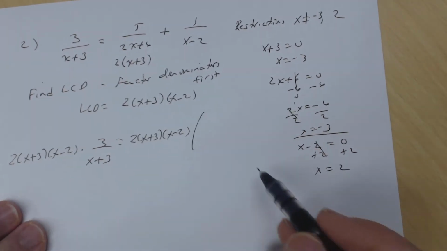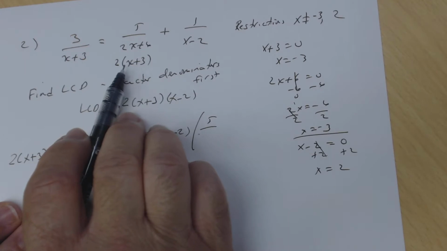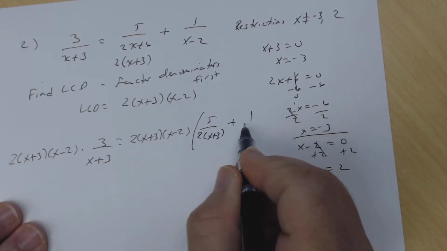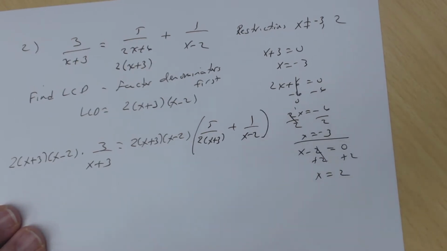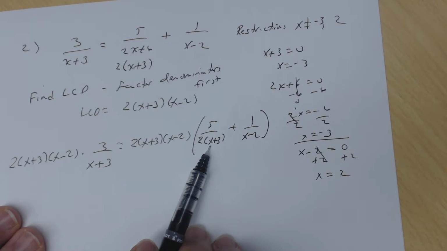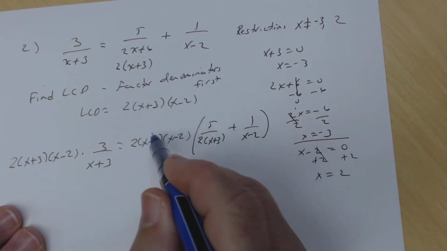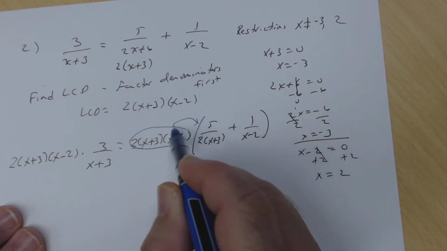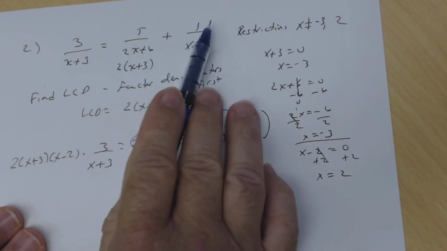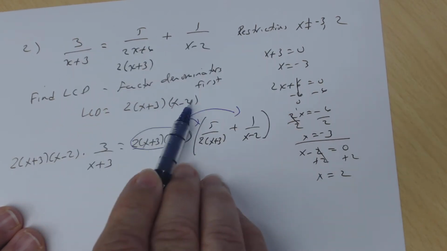I'll put the right side in parentheses. 5 divided by, and make sure you use the factored part, 5 divided by 2 times x plus 3, plus 1 over x minus 2. So again, make sure you're using the factored part. Make sure you factor the denominators. Then over here, you're going to distribute all this within here. The LCD times every fraction. So every fraction has to be multiplied by the LCD.